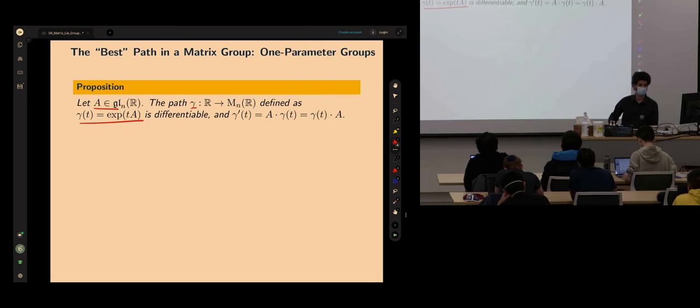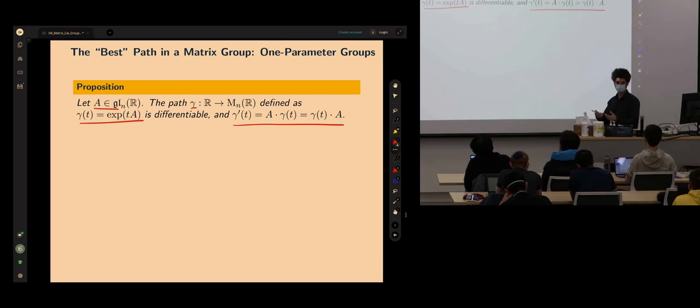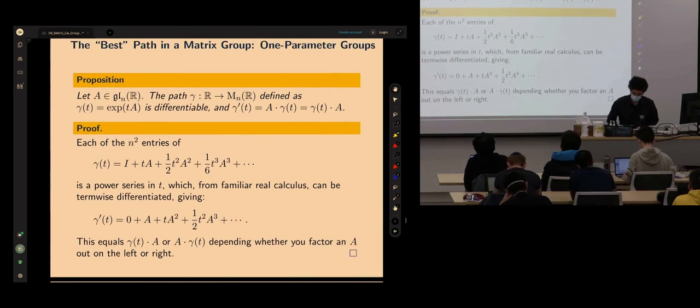You will get a different path. But also you know that if you differentiate the exponential of a matrix, it will commute with that matrix from left and right. It's easy to prove.